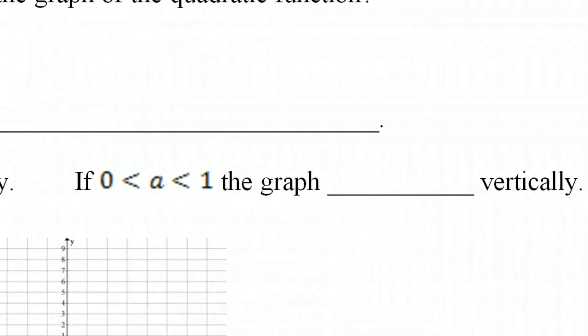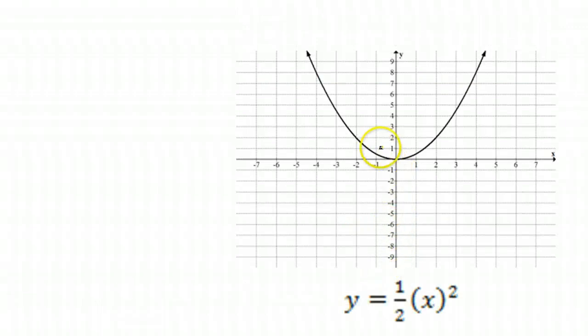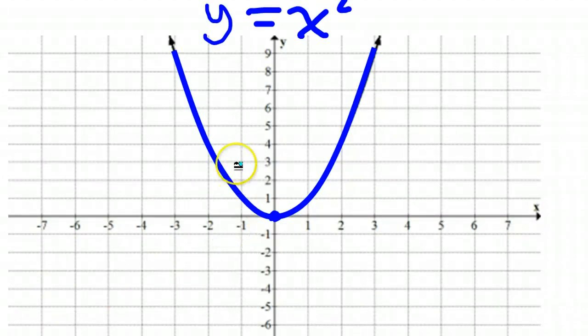And now let's look at what happens when the A value is between 0 and 1. So think about decimals or fractions like 1/2 or 3/4, that type of thing. So look here, if the A value is 1/2, then what's happening? If you look closely, let's go back to the parent function once again.